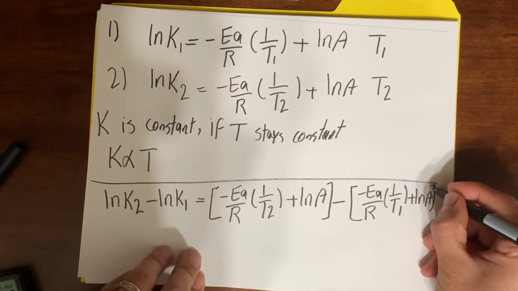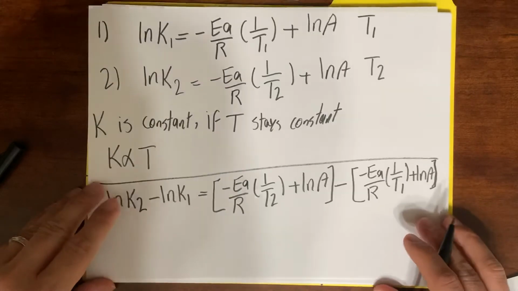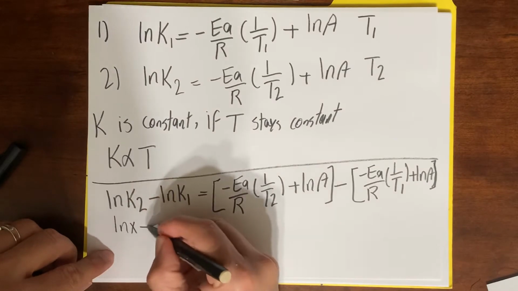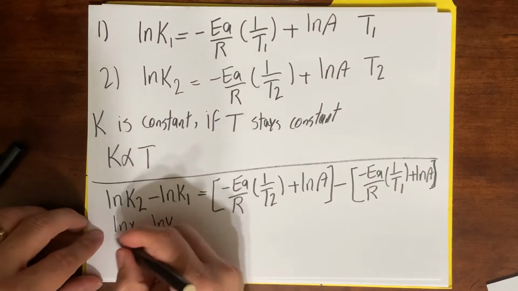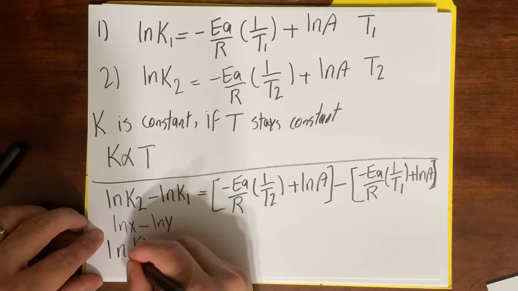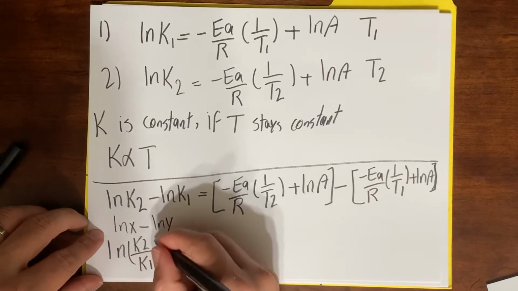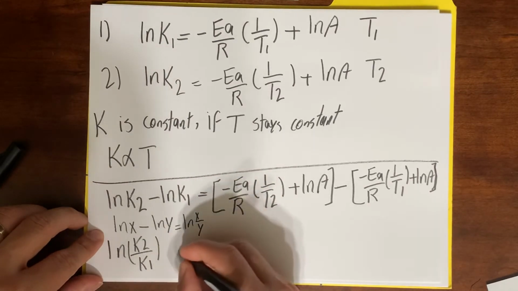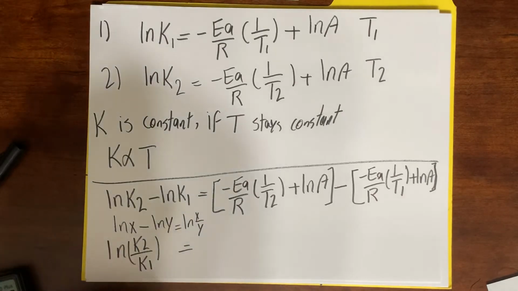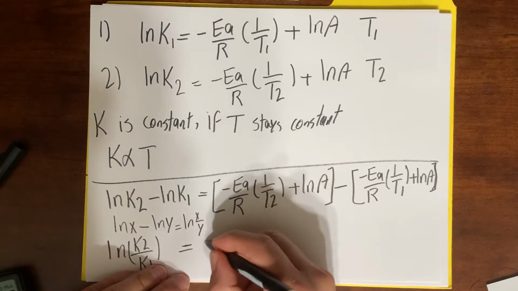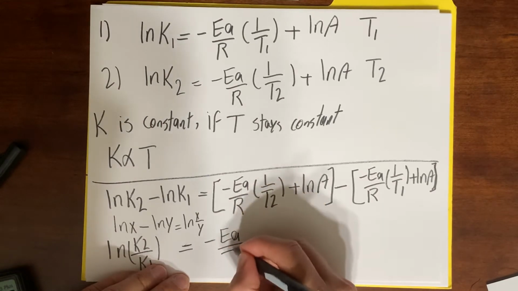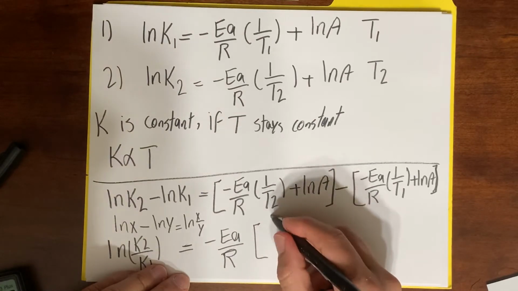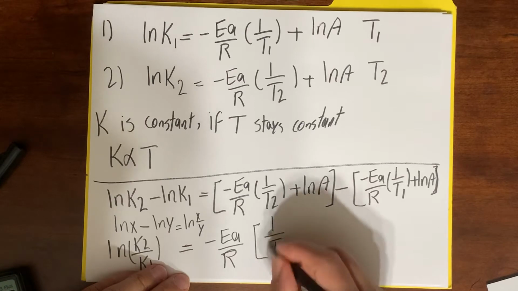Okay, here we have ln of x minus ln of y. We can rewrite it as ln of K2 divided by K1. So I get ln of K2 over K1. And I'm going to factor out minus EA over R. From the first one, I will have only 1 over T2.